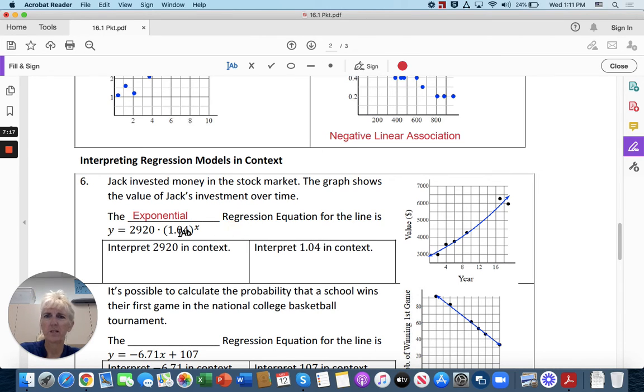You can kind of tell also because it's moving upwards, and it's not necessarily a straight line through most of the points. Interpret 2920 in context. So what is that supposed to mean?